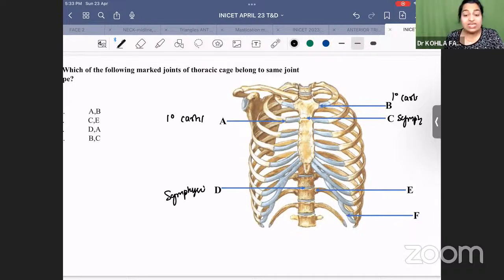Then what is E? That was one previously asked, okay? The joint between the rib and the vertebra, whether it is costovertebral or costotransverse, it's going to be plain synovial, right? F, the joint between the cartilages, as you see here, they are plain synovial, except between the 9th and 10th. The last one is fibrous.